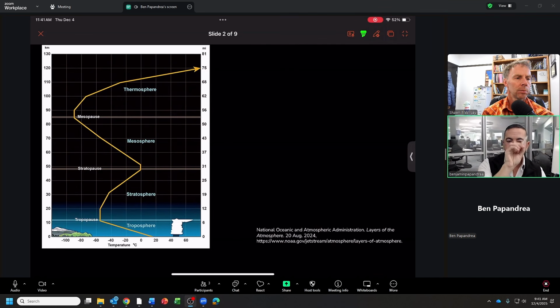It pauses. Now it starts getting warmer. That's the stratosphere. Gets colder. That's the mesosphere. Starts getting hotter again. That's the thermosphere. So follow the way that line goes.